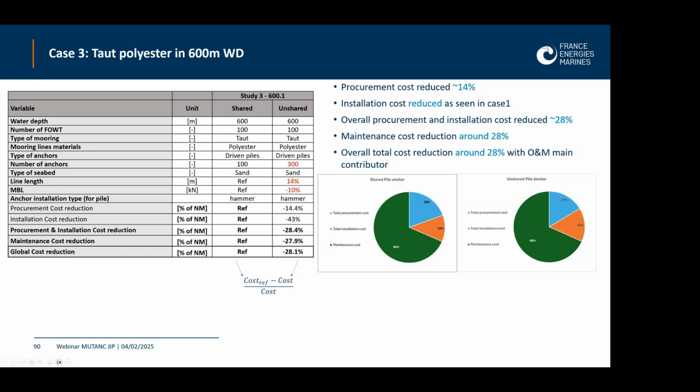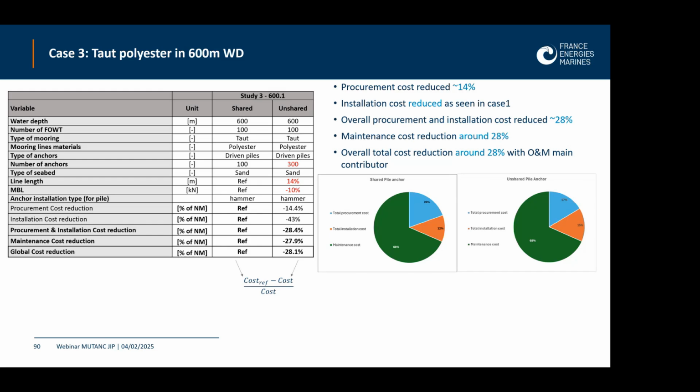For case 3, the case with taut polyester in 600-meter water depth, we compare driven pile shared and driven pile unshared. We can see the variation of line length and variation of MBL, but it still leads to a procurement cost reduction of 14%.